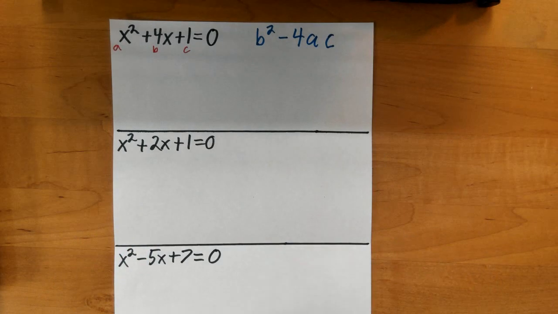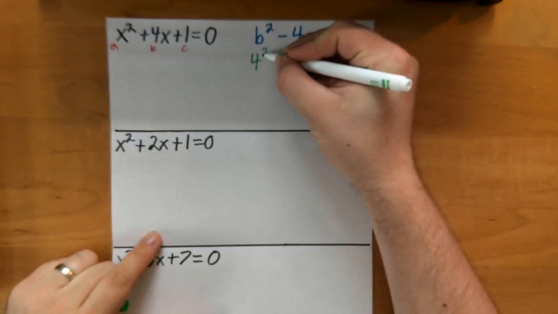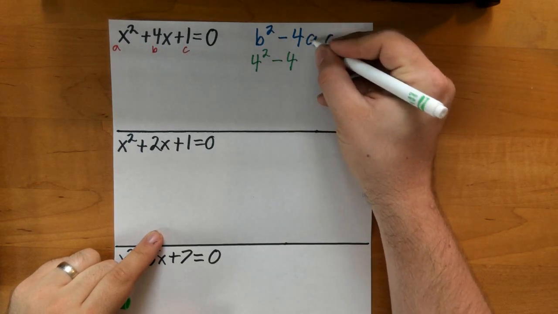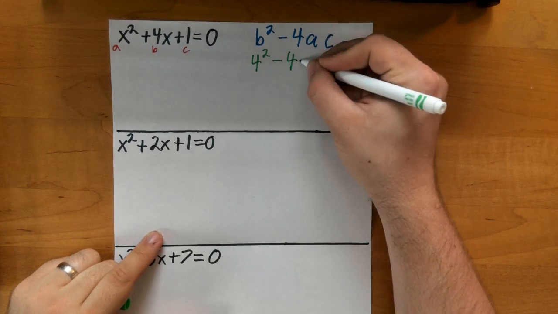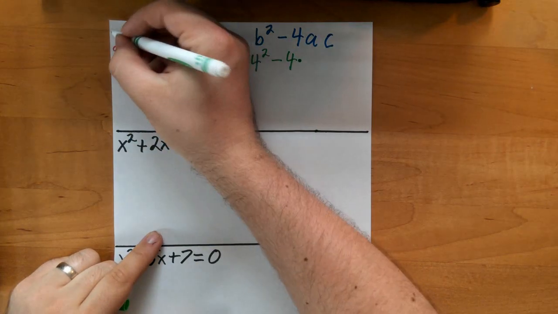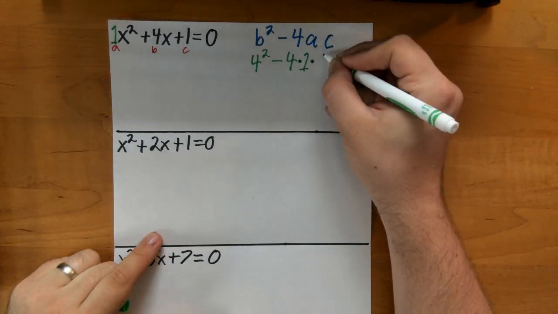Alright, so what that's going to look like here is we're going to take our b value, which is 4, so it's 4 squared, minus, here we have another 4, and when letters are next to each other, that means we're multiplying. So our a value here, we can think of this as being like an invisible 1, it's just 1. And our c value is also 1.